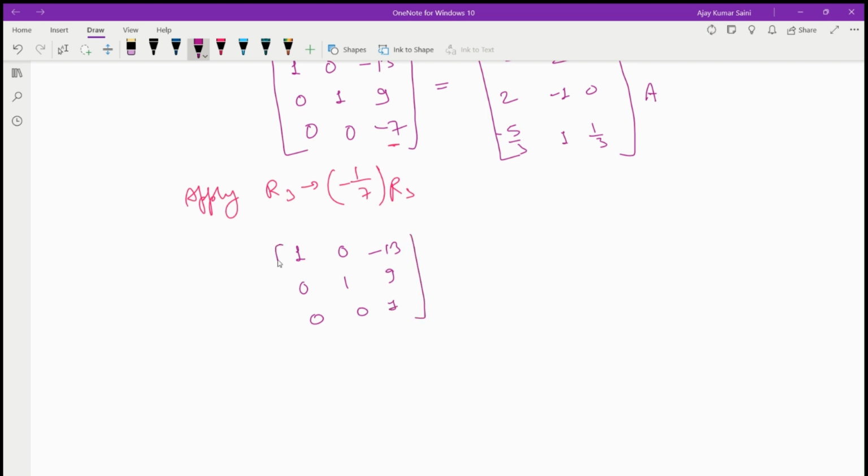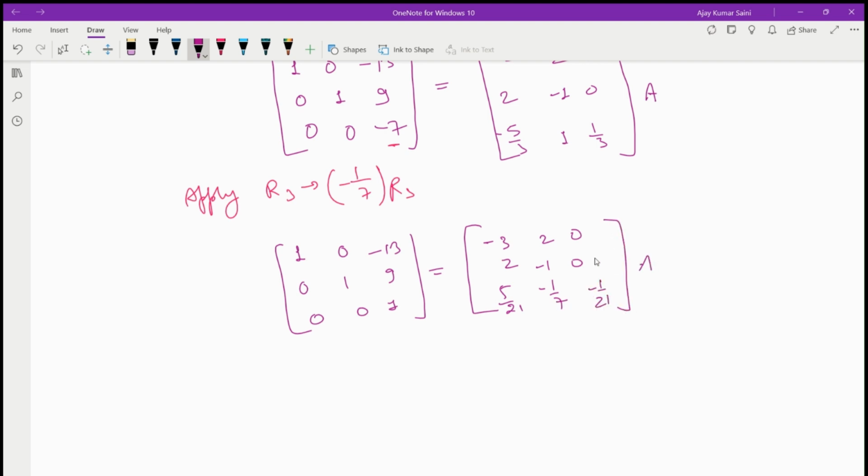And it is minus 3 2 0, 2 minus 1 0, and 5 by 21, minus 1 by 7 and minus 1 by 21.